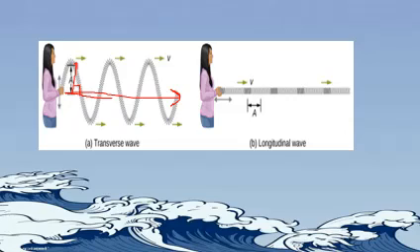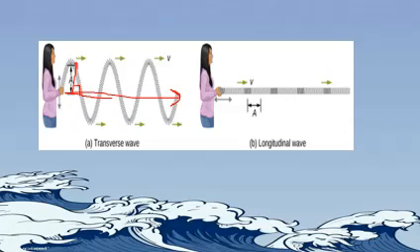As a sound wave moves from the lips of a speaker to the ear of a listener, the particles of air vibrate back and forth in the same direction and the opposite direction of energy transport.